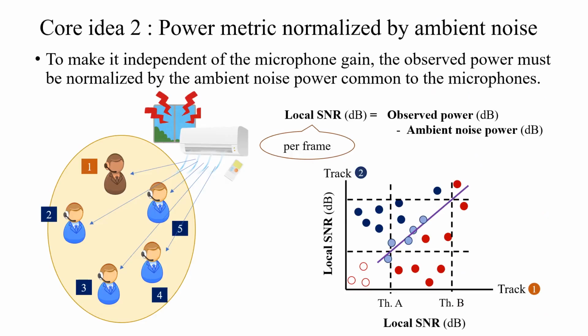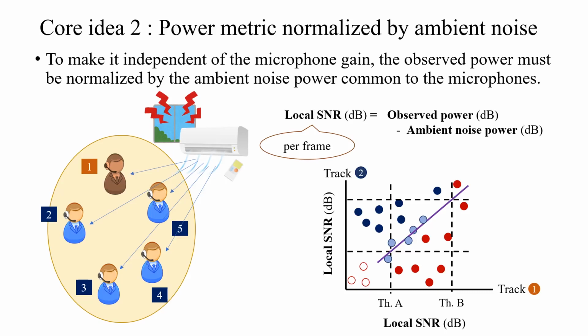The gain setting of the amplifier and the distance between the microphone and the mouth may vary from speaker to speaker. That difference can be a problem for the two-dimensional judgment. Another core idea in this paper is to normalize the gain of the microphone with the power of the ambient noise.